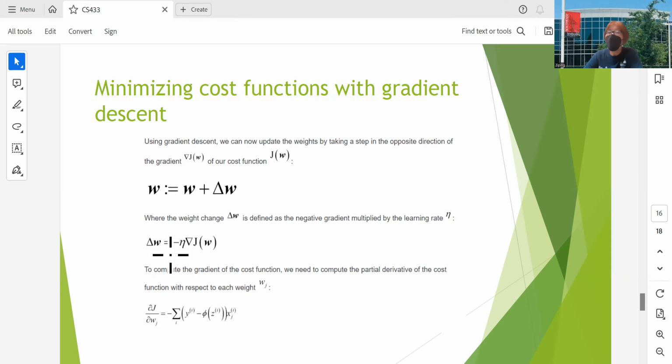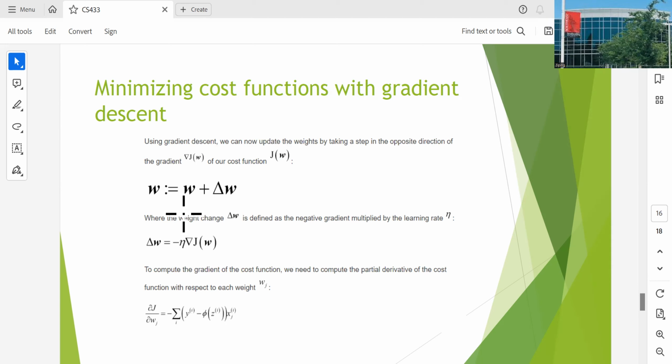Delta W is the learning rate times the gradient. What is this gradient? Learning rate, gradient. How do you find this gradient?